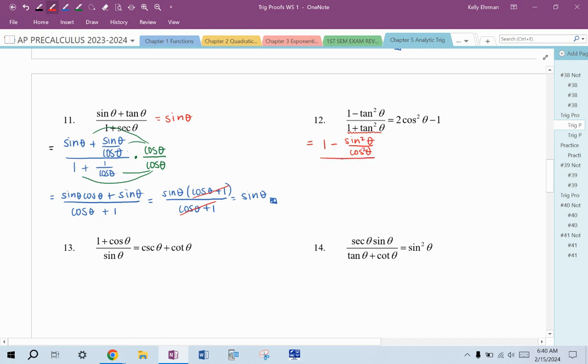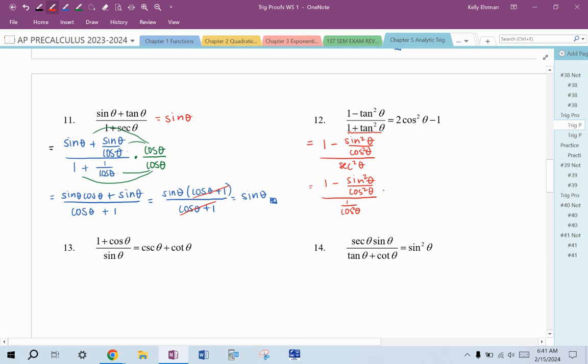And then 1 plus tangent squared is secant squared theta. Or if you wanted to, right away, you could have also changed that to 1 over cosine squared theta. So I'm going to kind of do what I did in the last problem. So, all right, so I've got 1 minus sine squared over cosine squared. Change secant squared to 1 over cosine squared.